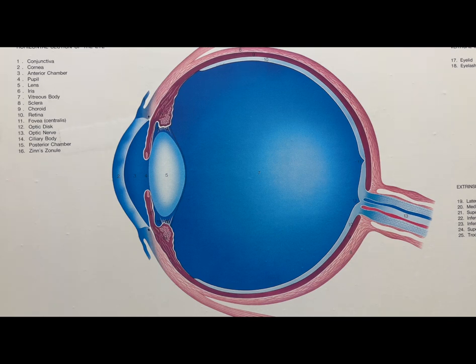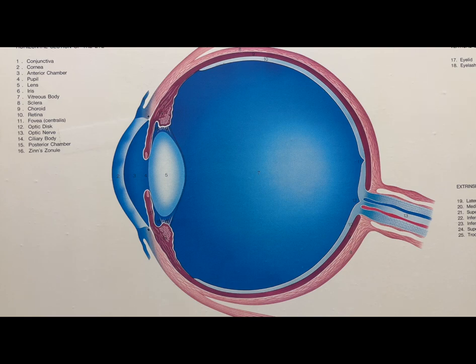The purpose of this is so that in dim conditions, you get maximal light entering the eye, and in light conditions you restrict the amount of light coming into the eye so that you don't suffer with things such as glare and blurred vision.